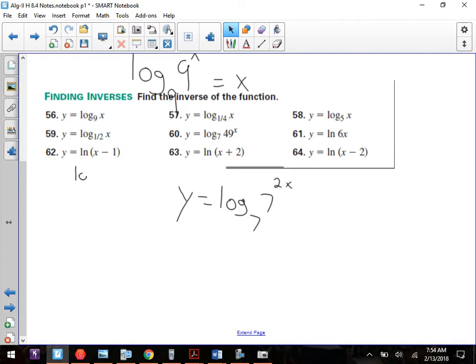Here you've got log base e, so you e it, and you get e to the x minus 1, I believe. I believe that's how you get that one. Just double check that.